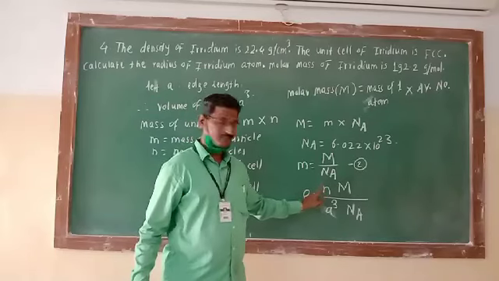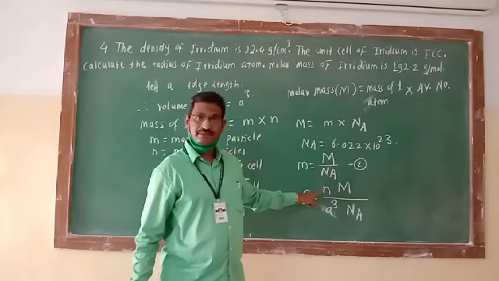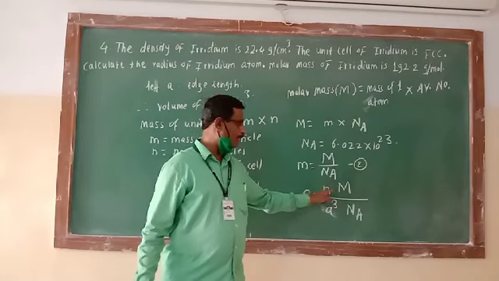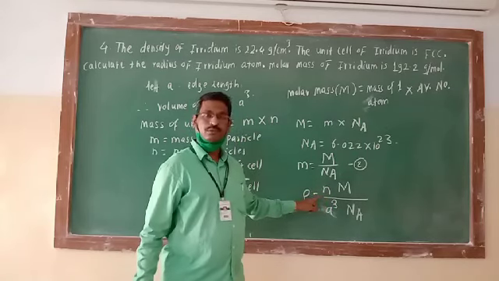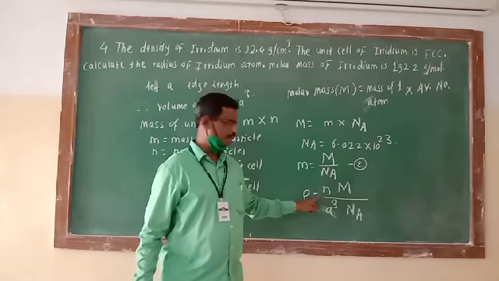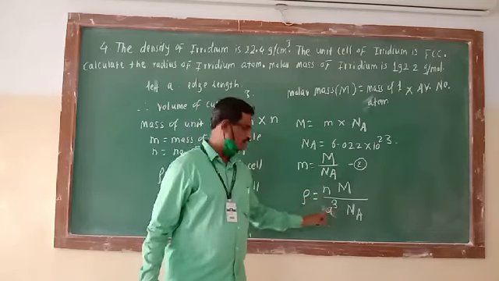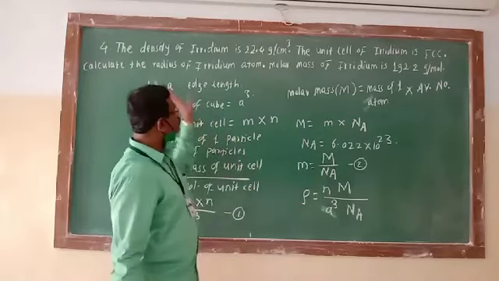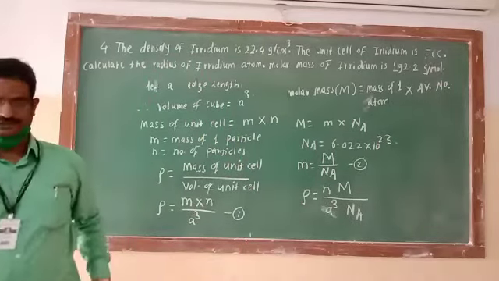N is nothing but the small n. It is important. Small n is known as the number of particles present in that unit cell. Na is Avogadro's number. So this relation is important in order to solve all these problems.